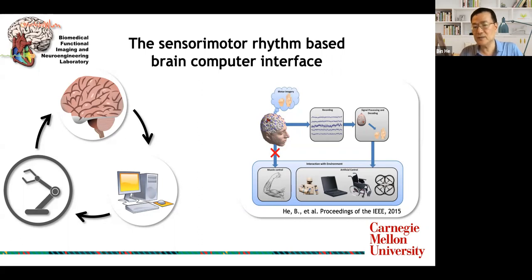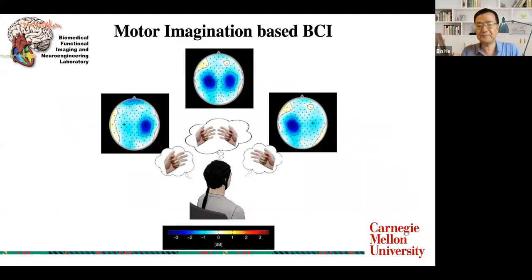In this case, with motor imagination, it has been demonstrated that using EEG electrodes put over the scalp, we can record something called sensorimotor rhythm. From there, we can decode and extract the intention of the human subject, and then use that to control a robotic device, a computer, wheelchair, or drone. Otherwise, you would normally operate this device using the two hands. In this case, all could be done just by thinking about it.